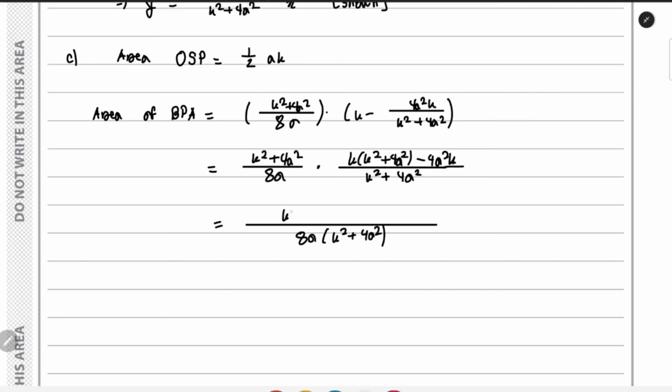We have k square plus 4a square here as well, multiplied by k cube plus 4a square k minus 4a square k.